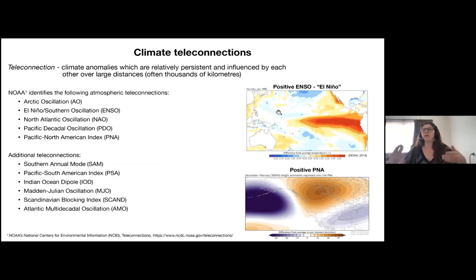So you have ENSO, the El Nino, La Nina, Southern Oscillation connection. That's in the ocean. In the atmosphere you also have the Pacific North American index, the PNA, which is atmospheric patterns basically. You also have the North Atlantic Oscillation and the Pacific Decadal Oscillation.